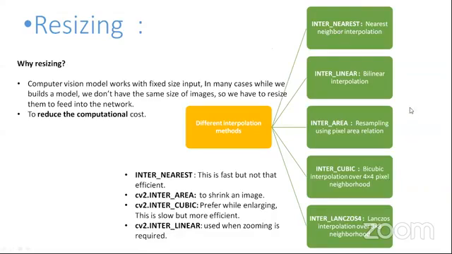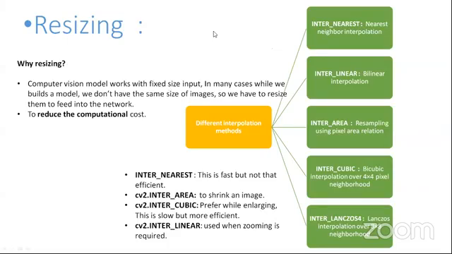Okay, okay. Okay, cool. We will see it. So, guys, whenever you are building a computer vision model, okay, reduce computational cost. Yeah, that's correct. So I will explain it. Whenever you are working with computer vision models, you need input in a fixed size.